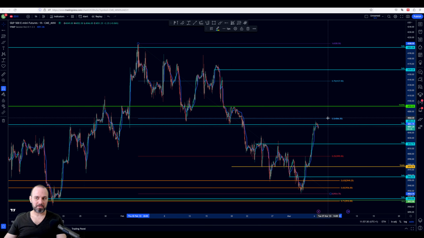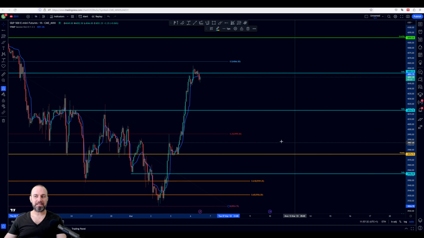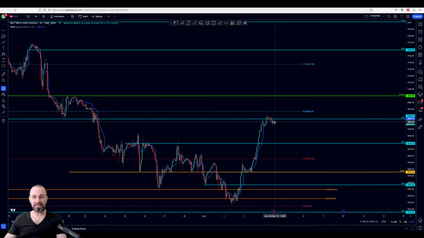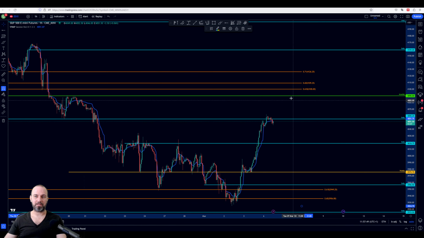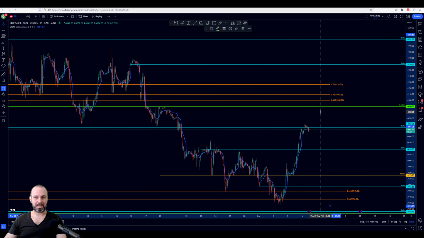So the next important level: this daily is holding as resistance. But if this daily is claimed, then we do have 0.5, then we move to this monthly, and in this situation, if we enable the golden pocket, we are somewhere in that area.